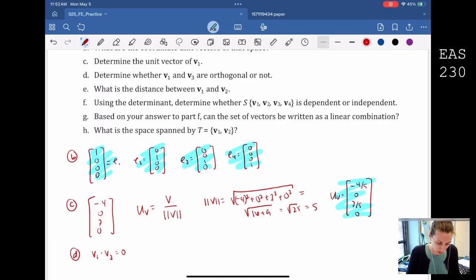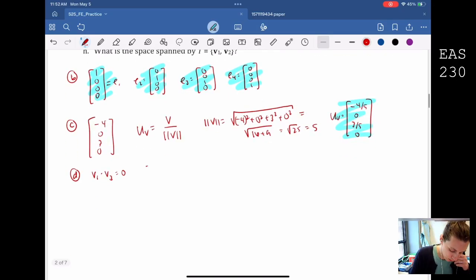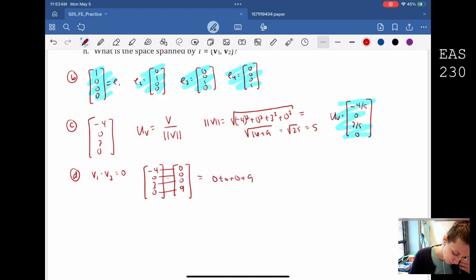Okay, so V1 dot V3. So V1 looked like that vector right there. I already wrote it down. Dot V3. V3 looked, oh, that's nice, convenient, full of zeros and nines. The dot product, I'm going to go ahead and multiply all these together and then add them all. So 0 plus 0 plus 0 plus 9.